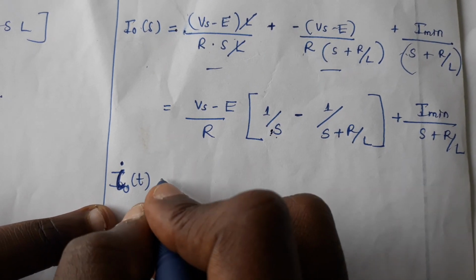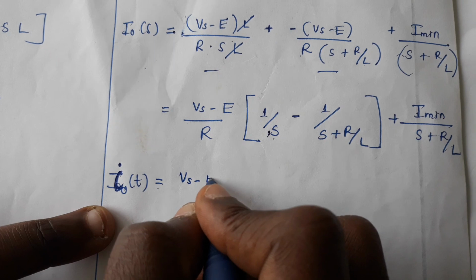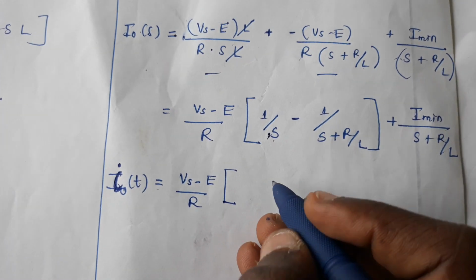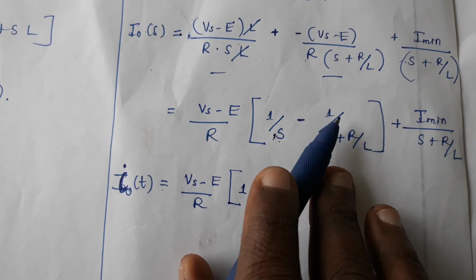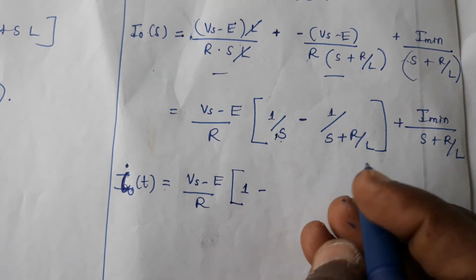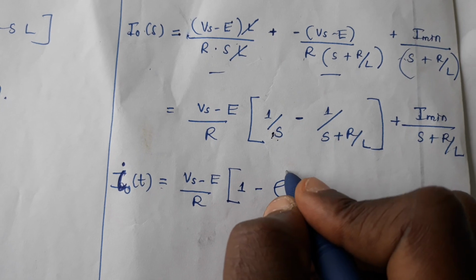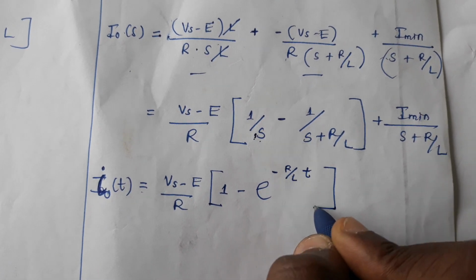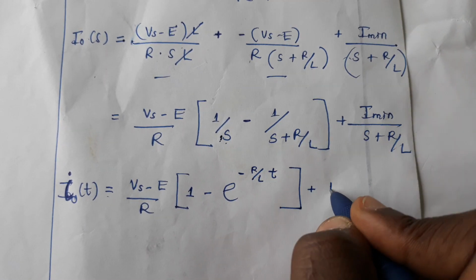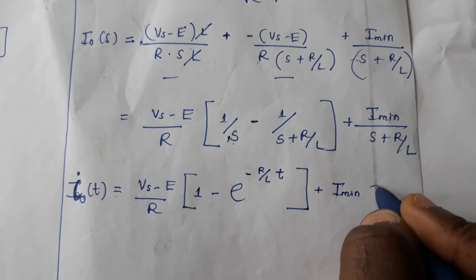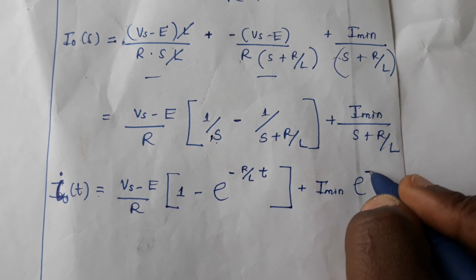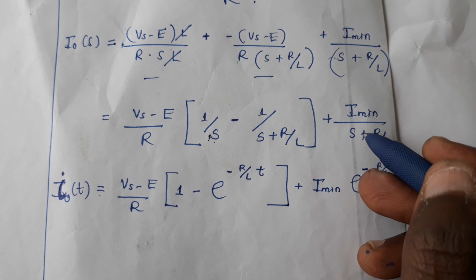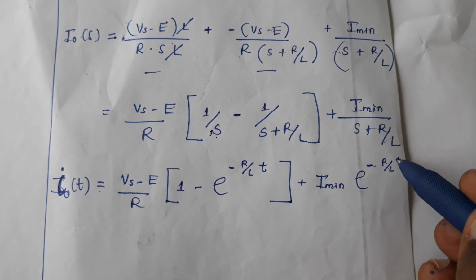I out of T is going to be given as Vs minus E over R, then the inverse Laplace transform of 1 over S is nothing but 1, minus the inverse Laplace transform of 1 over S plus R over L, which is nothing but exponential minus R over L T, don't forget the T.